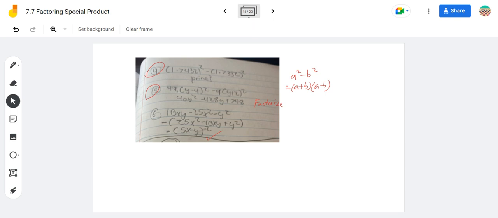So I guess we can only discuss, we have done 5 to 9. So let's see, question 5 to 9.